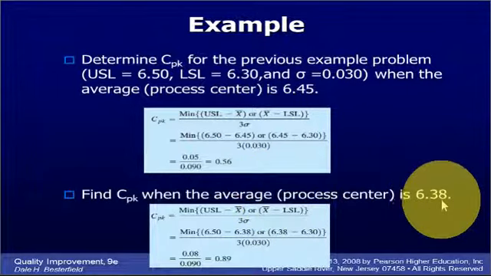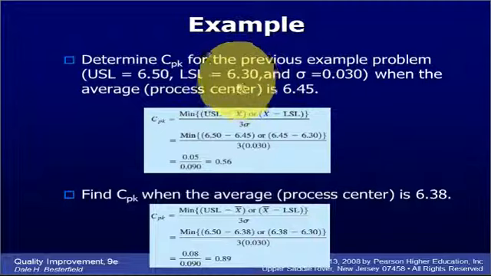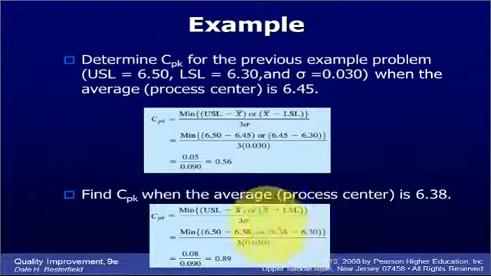The second term is the process center minus the lower specification limit, 6.30. The sigma is still the same, and then we pick the minimum of these two. The first gives us 0.12, and the second gives us 0.08. So we take the minimum, 0.08, as our numerator, and in this case the CPK value is 0.89.